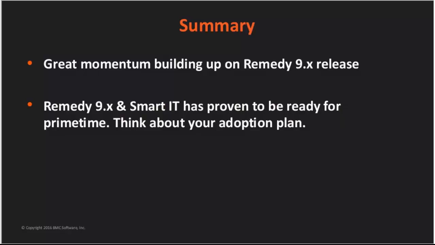At the same time, Smart IT has done 3 releases in less than 12 months, and there is another Smart IT 1.4 release that is currently in beta. In fact, we had a beta program running in parallel with this call. So you can see a lot of personas that we have gradually added to the Smart IT interface.